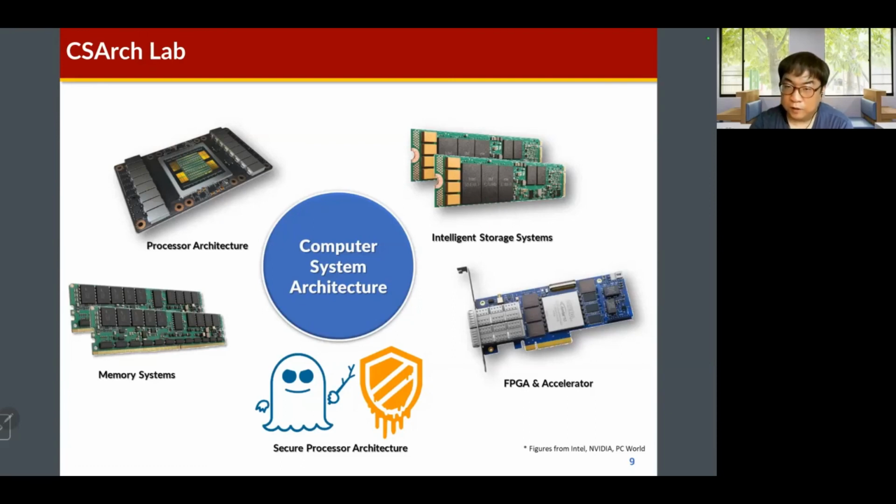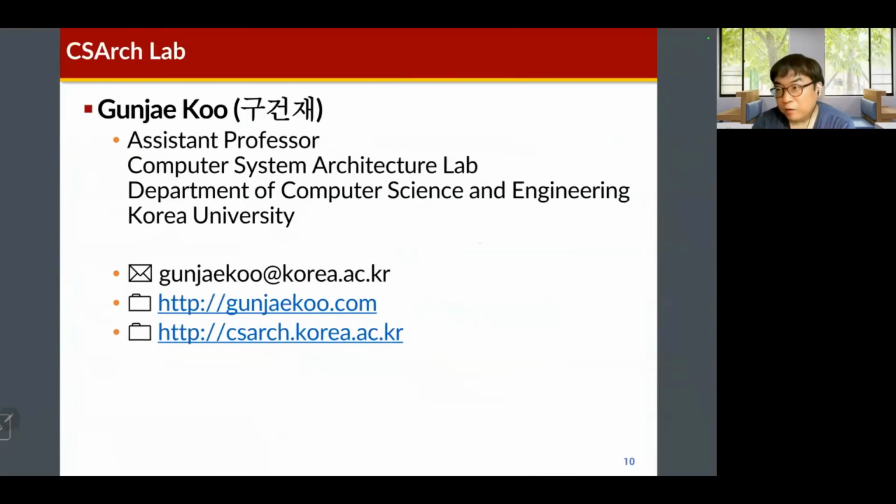These are critical research fields. Okay. So if you are interested, then you can also work as an undergraduate intern in our lab. Okay.